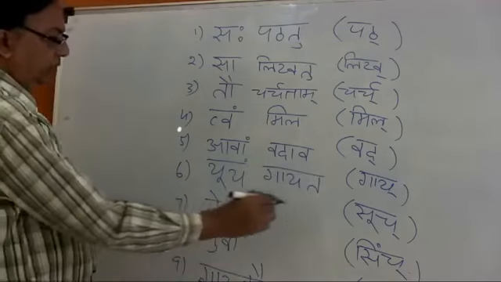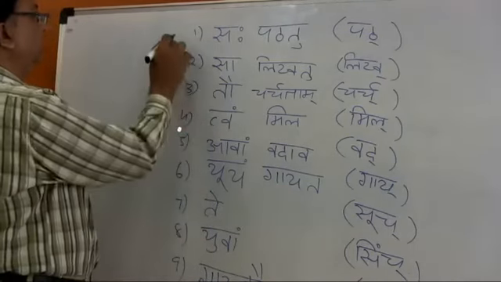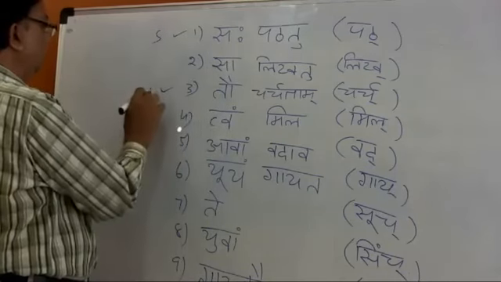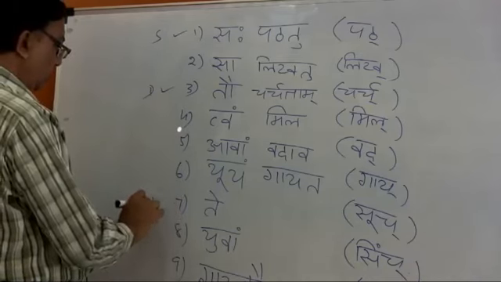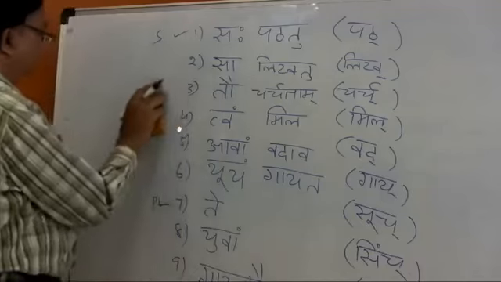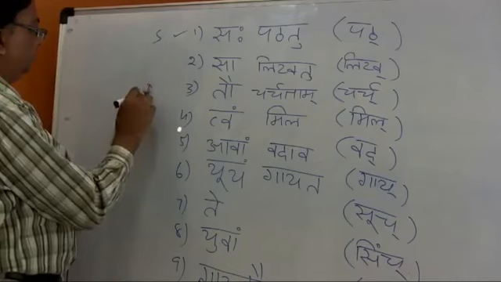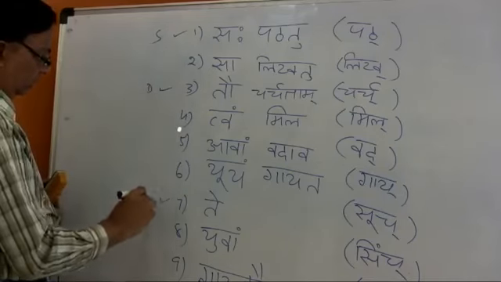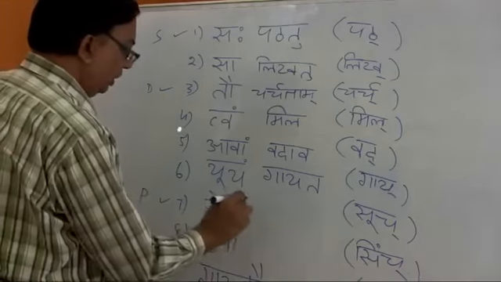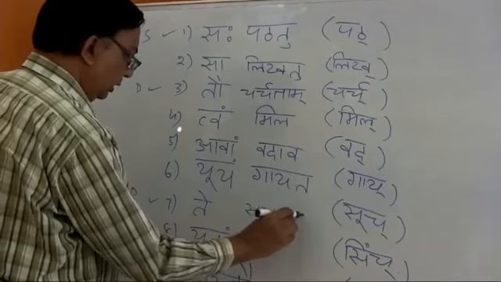Then te, sucha. Te is what? Saha, tau, te. This is singular, this is dual, and this is plural. Important pronouns. Now, te suchayantu, let them inform.